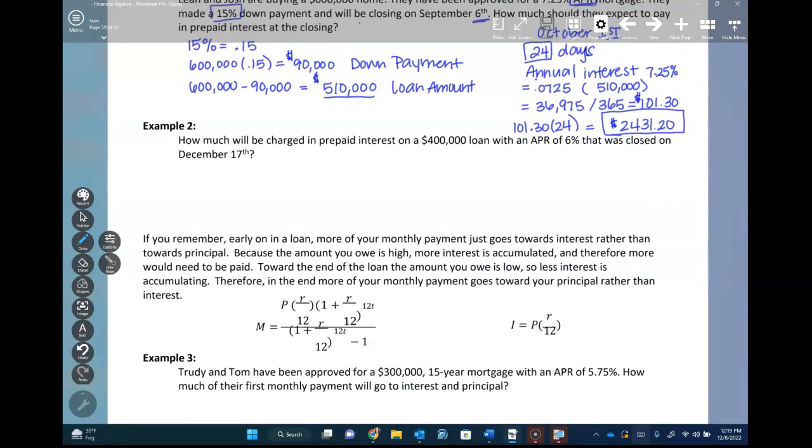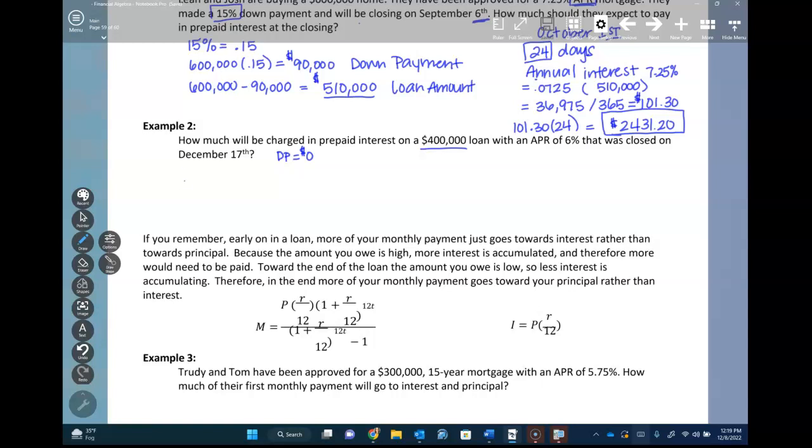Okay, let's go ahead and go to example 2. How much will be charged in prepaid interest on a $400,000 loan with an APR of 6% that was closed on December 17th? So it doesn't talk about a down payment. So my down payment is $0, which means that my loan is $400,000. The APR is 6%.